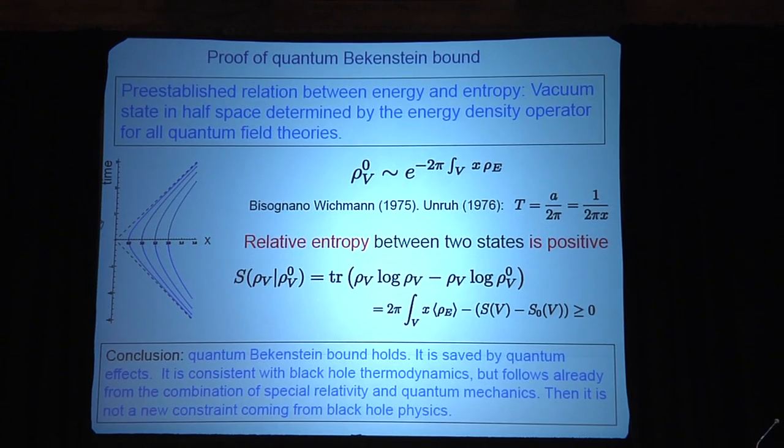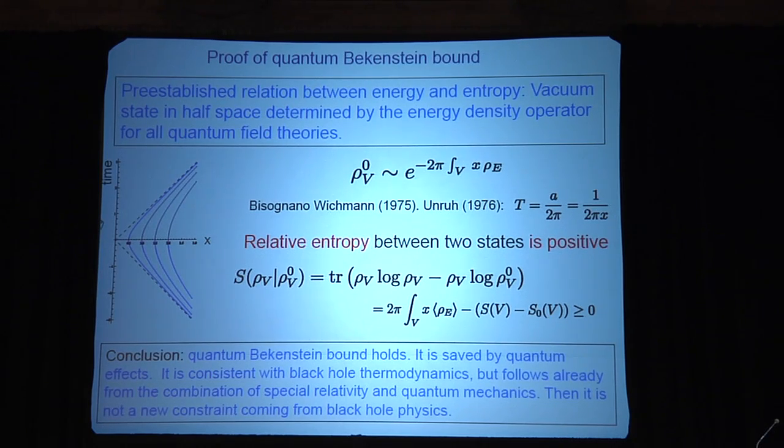And this pre-established relation has been proved by Bisognano-Wichmann in '75 in an axiomatic way, and is related to the Unruh idea that accelerated observers, which have this boost operator as a Hamiltonian, will see a thermal state with some temperature, which depends on the distance to the boundary.